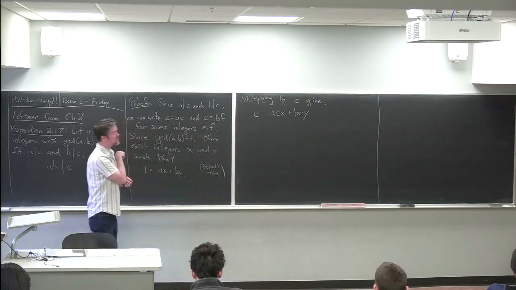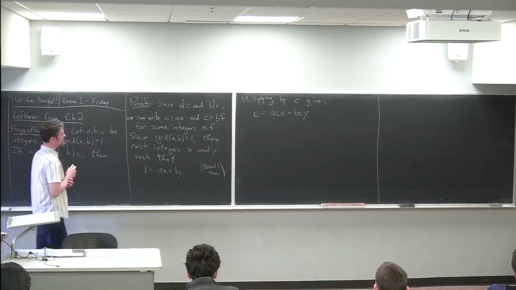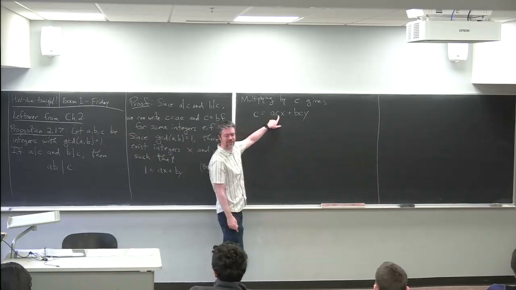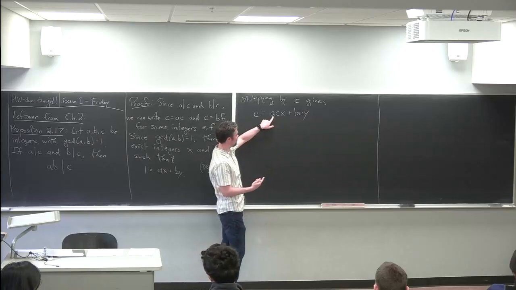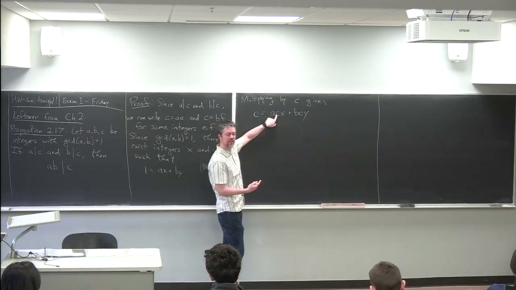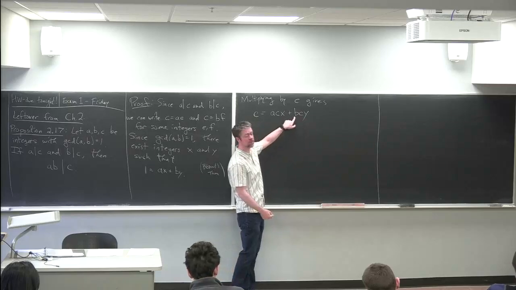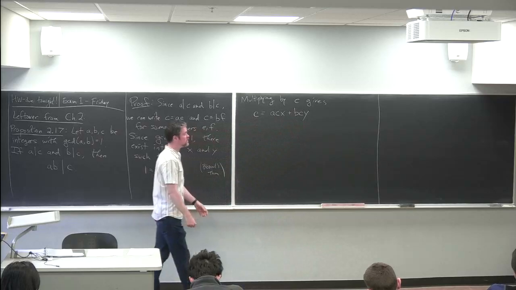If you think for a second, you might realize why this is going to work, because C is divisible by both A and B. This C is divisible by B, so there's a factor of B here, and you actually have a factor of A times B sitting right there. And this C is divisible by A, so it has a factor of A in it. So both terms are going to have a factor of A times B.